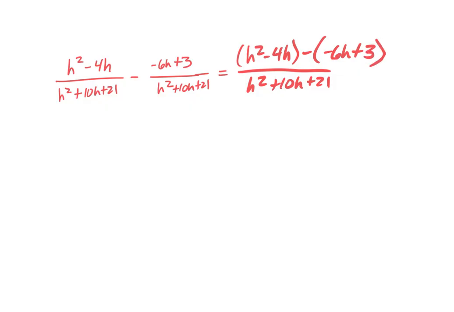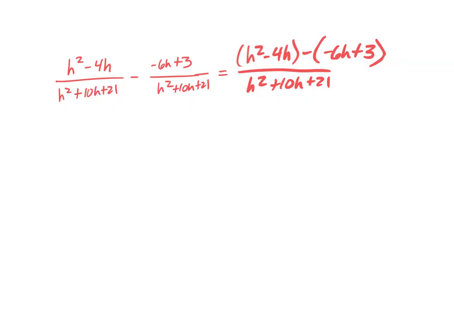Because if we see it like this, and I put parentheses around this, what's going to have to happen with the minus sign here that's in between? It's going to change it, right? We have to distribute it to the second parenthesis, not the first one, but the second parenthesis. I know it's a little bit of an extra step, but I feel like it might be a crucial step for some of us, just to see that we have to distribute that minus sign.